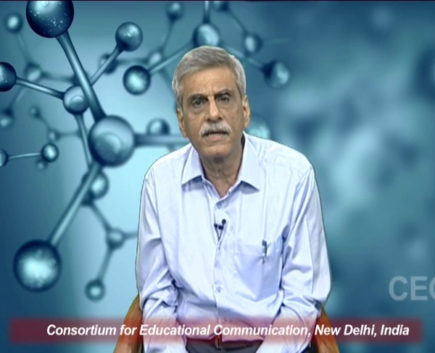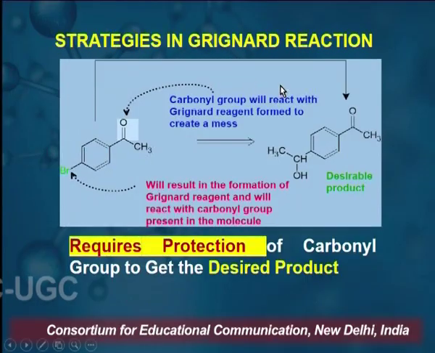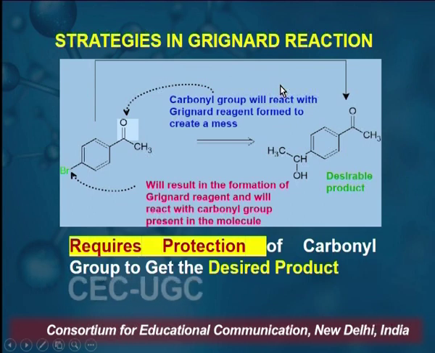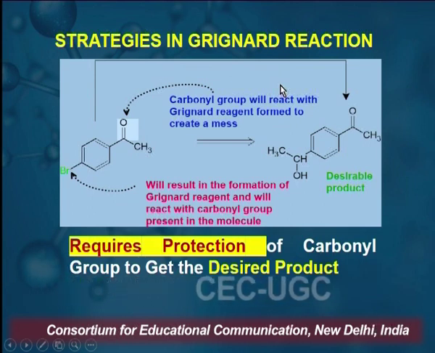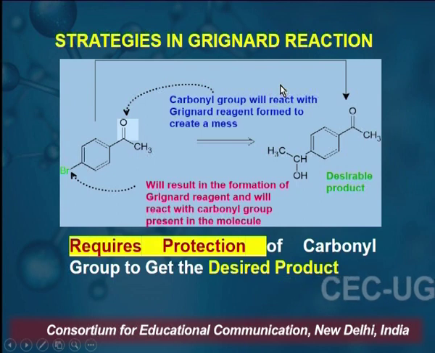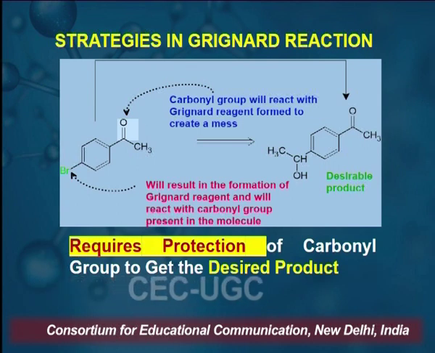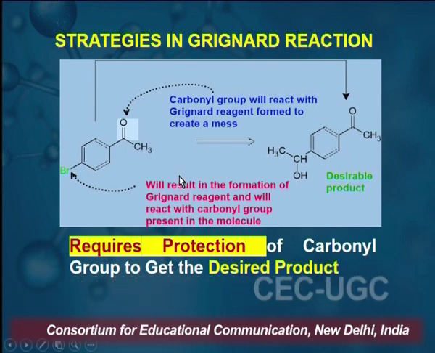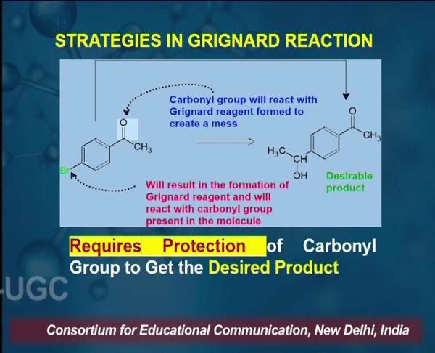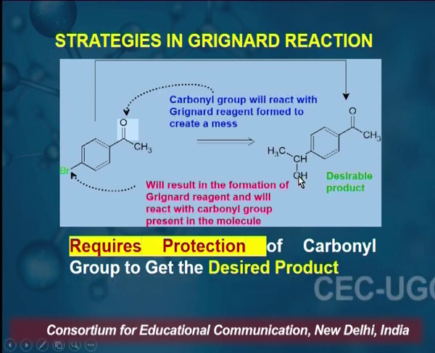of the Grignard reagent. So, here is one of the strategies we are now discussing, that is, a strategy in Grignard reagents. Here one of the products is para-bromoacetophenone. If we have to react it with the Grignard reagent, it is not possible, and if you want this product, a secondary alcohol, it has to be from the Grignard reagent.